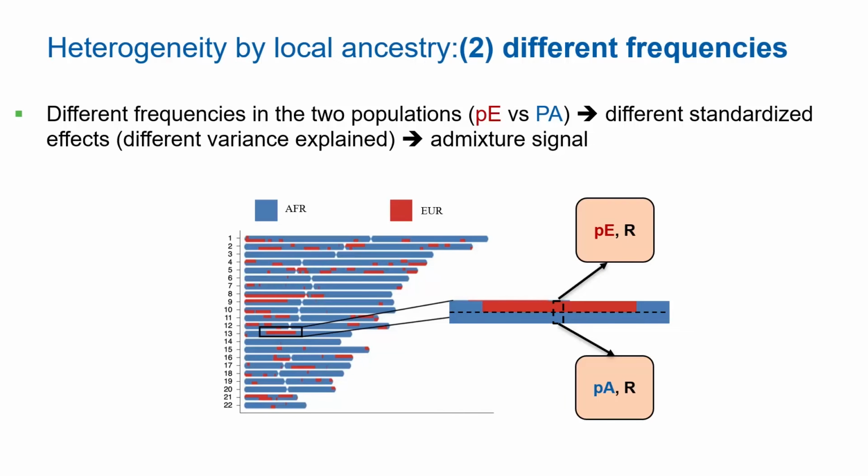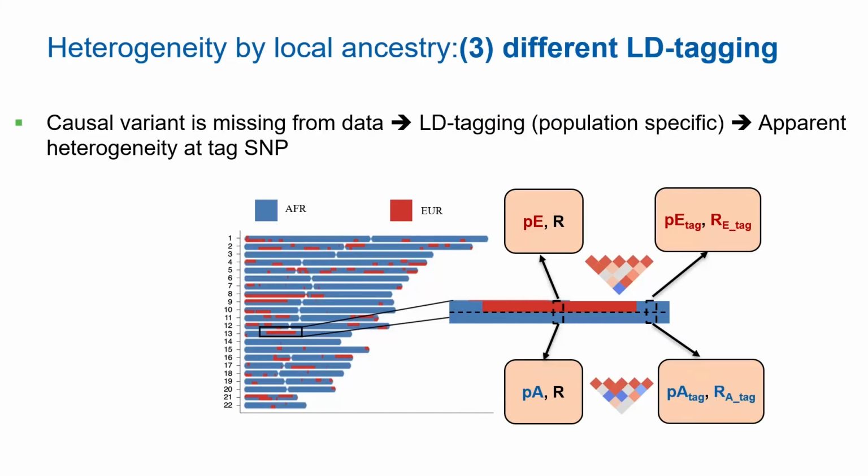So the fact that the frequency of this causal allele varies across population induces a difference in the variance explained by these mutations in the disease status across populations, which usually leads to an admixture signal, and I'll get back to it in a few slides. But that's also being referred to as heterogeneity by ancestry, because now you can explain different proportions of the variance in the disease, even though biology is all the same, and the mutations have the exact same effect by ancestry.